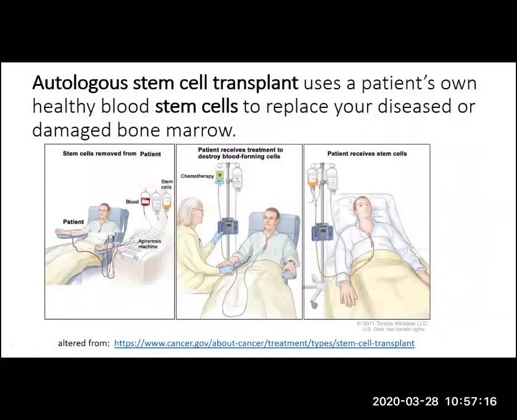So ideally, we would be able to find cells from a patient, modify them in some way, and then use them in the patient to create a situation where we're treating some type of disease process, some type of damage to their normal body cells.